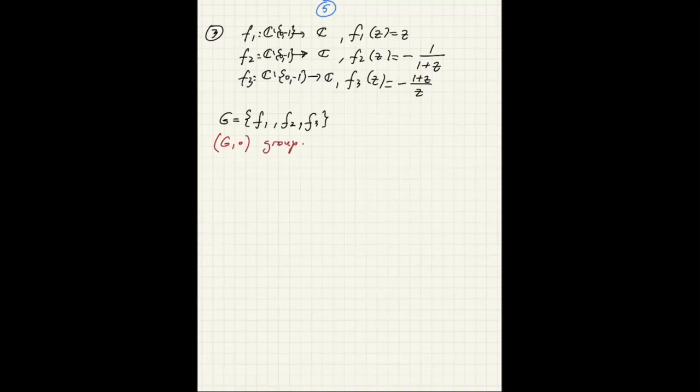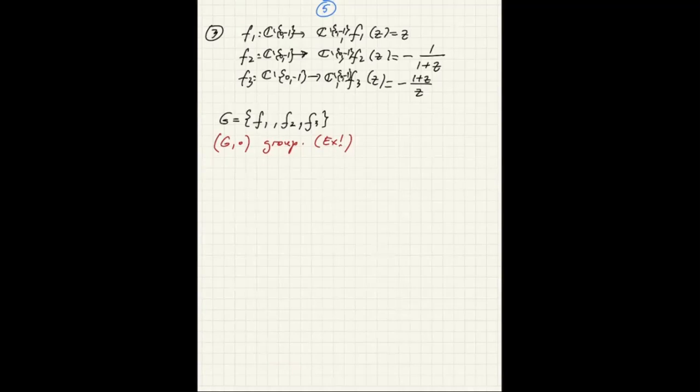Now I leave you the details to prove this, but note that F1 is the identity function. So maybe let me put this here also, from C without 0 and minus 1 to C without 0 and minus 1.